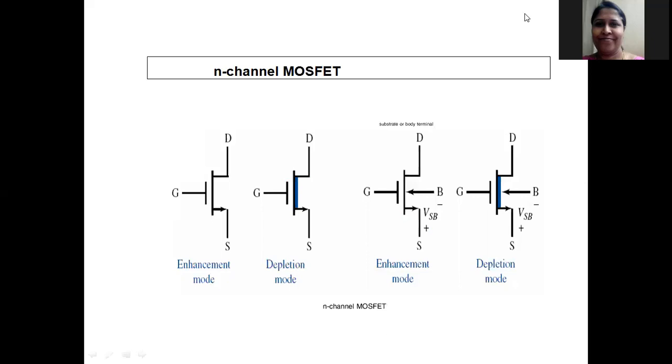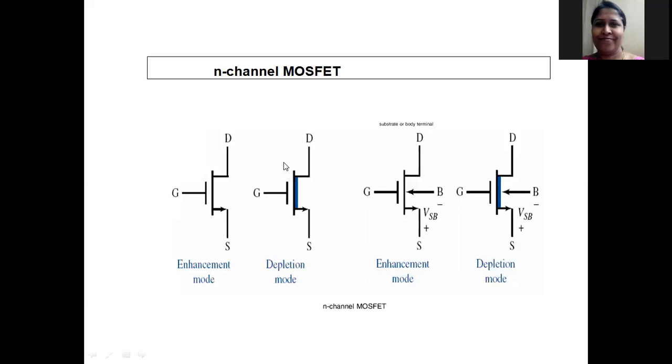In case of enhancement MOSFET, the channel is not present between source and drain at the time of manufacturing. We have to create the channel by applying suitable gate voltage with respect to source, and the process is called charge inversion.